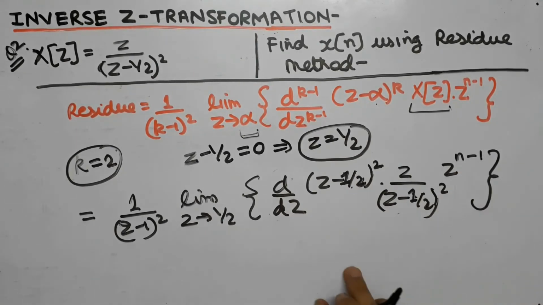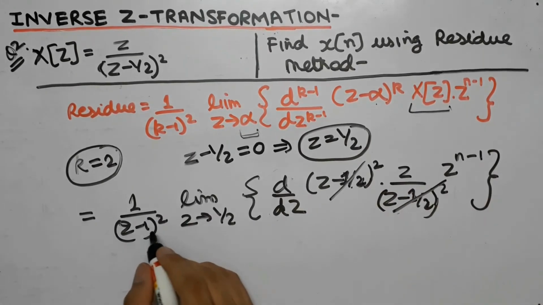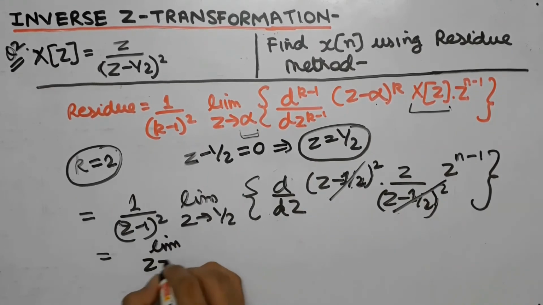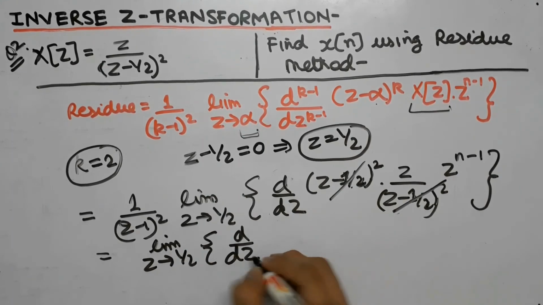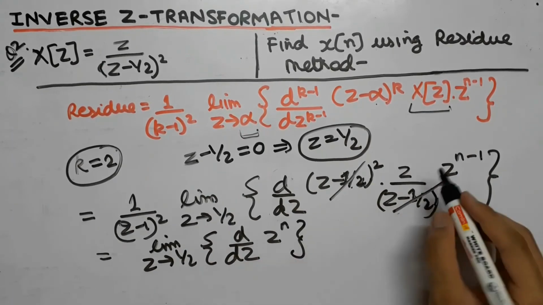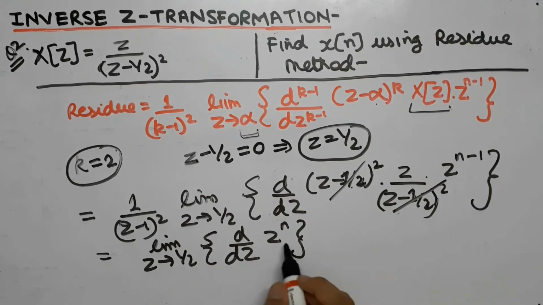Now guys, you will notice that these two will get cut and this over here will become 1. That is, we will further write this as limit z tending to half d by dz into z to the power n, as we have solved these two. Now we will first differentiate z to the power n and then we will simply put the value z equal to half.